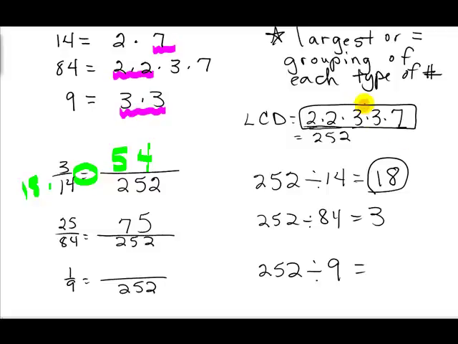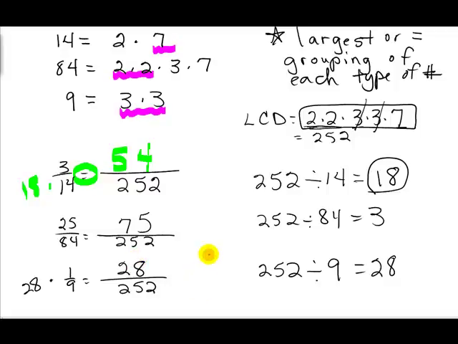So 9 can strike that and strike that, and what I'm left with is 2 times 2, which is 4, times 7, which is this 28. So 9 times 28 gives me 252, and 1 times 28 gives me the 28.